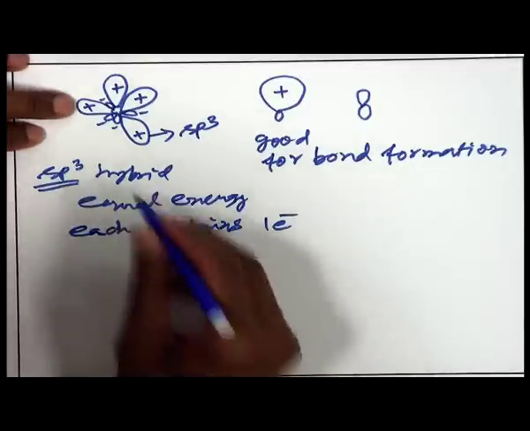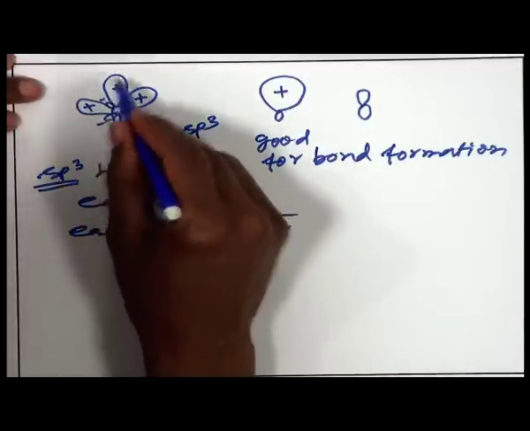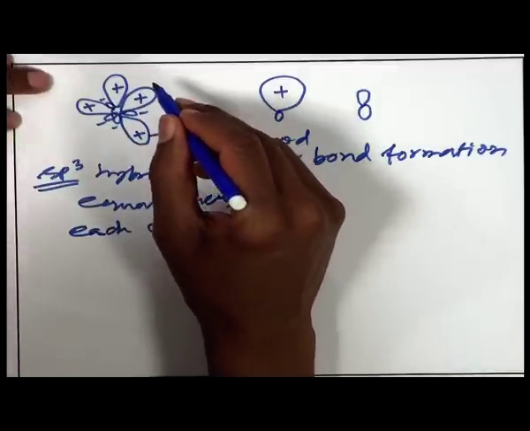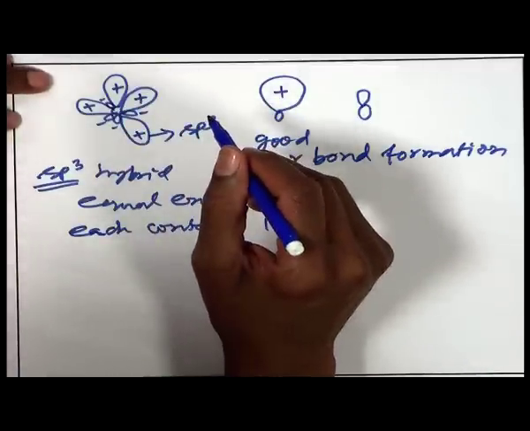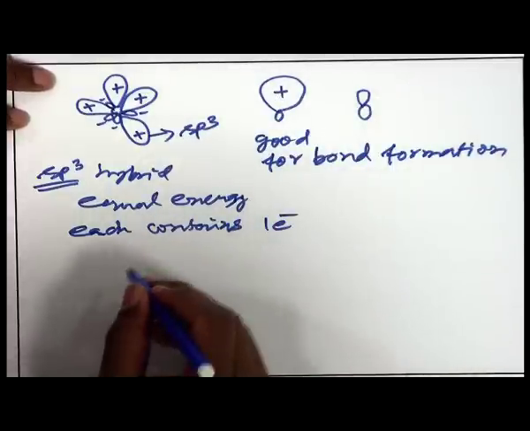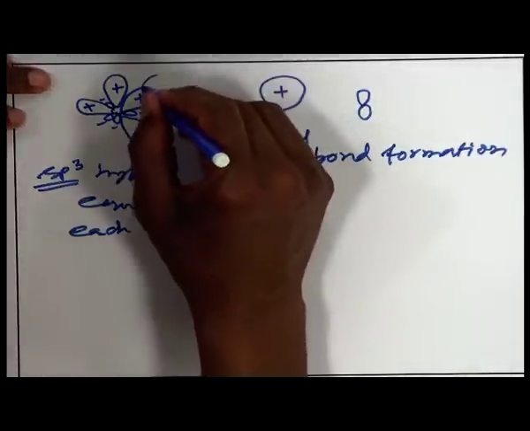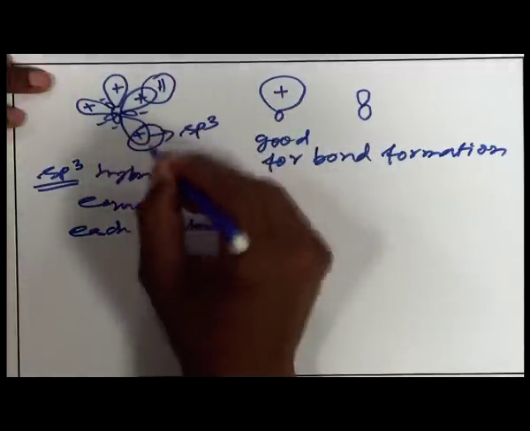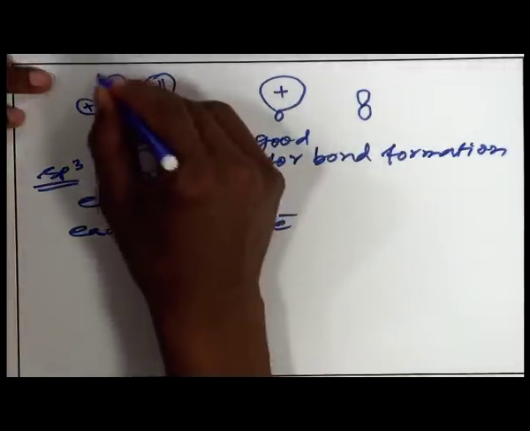In this case, for carbon, these lobes are pointed toward the corners of a tetrahedron. So, when they combine with hydrogen, a tetrahedral molecule is formed. You can draw a hydrogen atom here combining with this, another hydrogen atom here, and another hydrogen atom here.